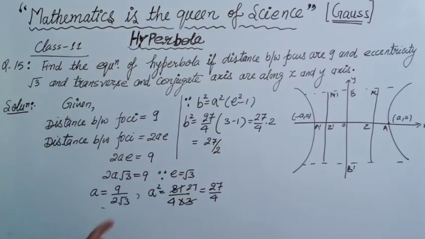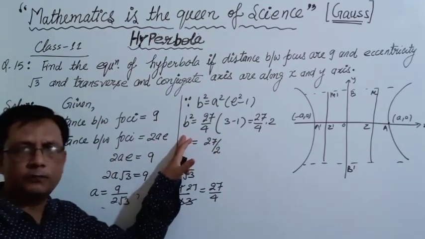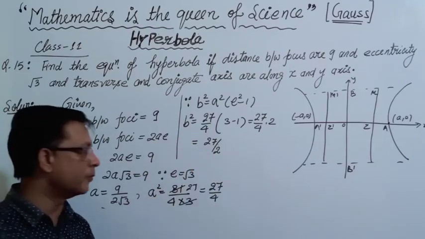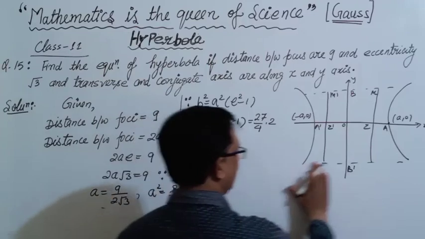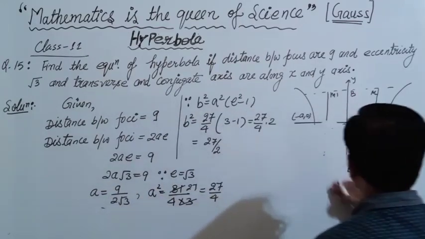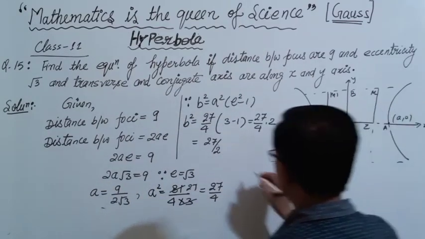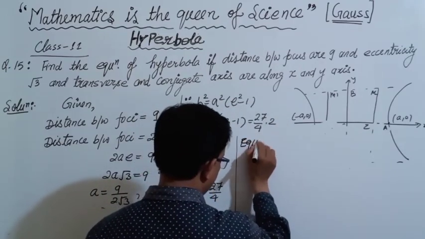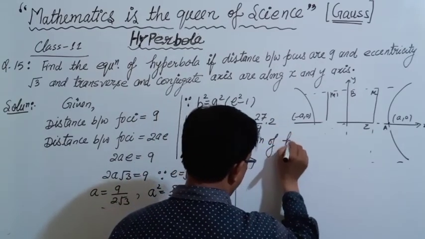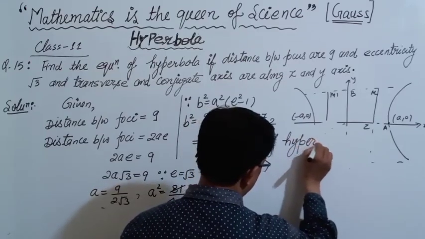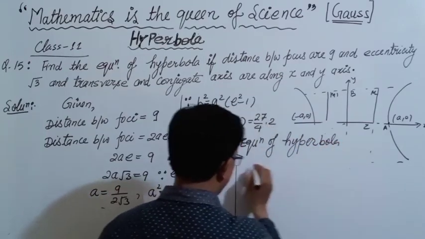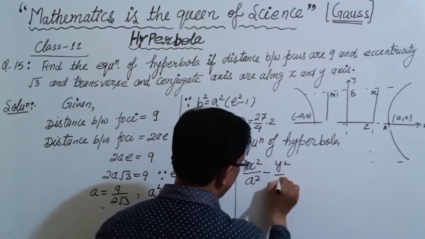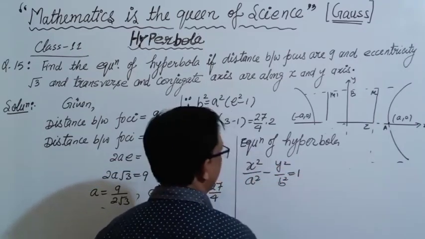So students, we have A square and B square both. So we finally write the equation of the hyperbola. What is the standard equation of the hyperbola? x square upon A square minus y square upon B square is equal to 1.